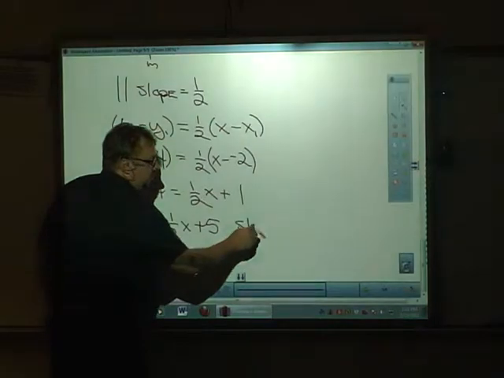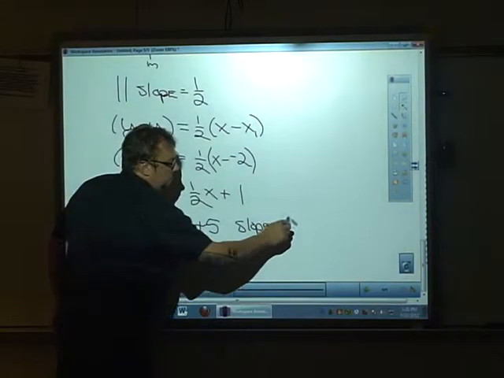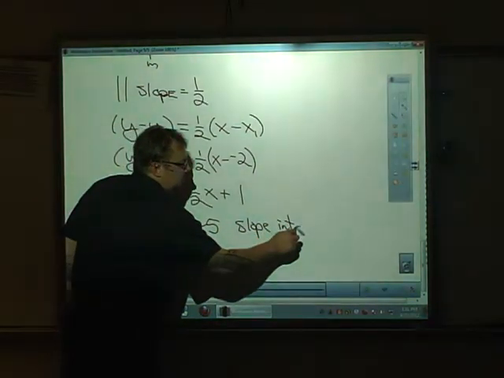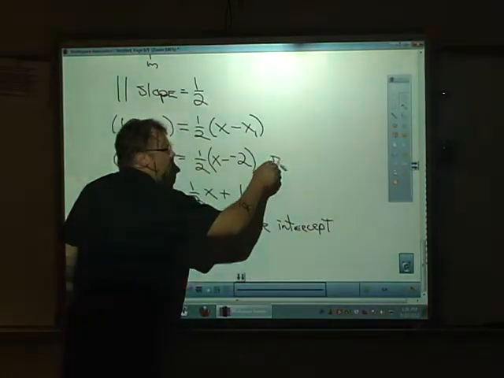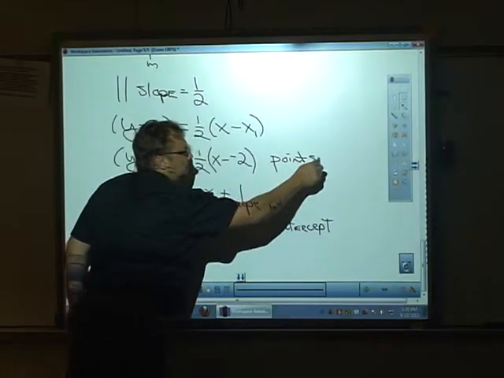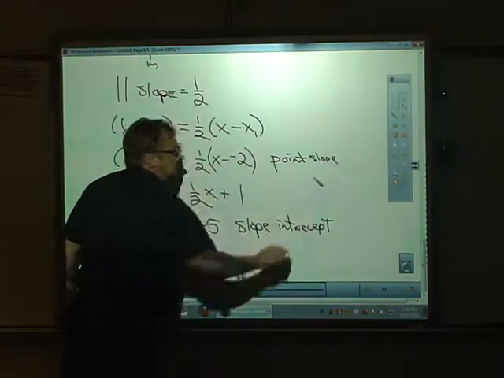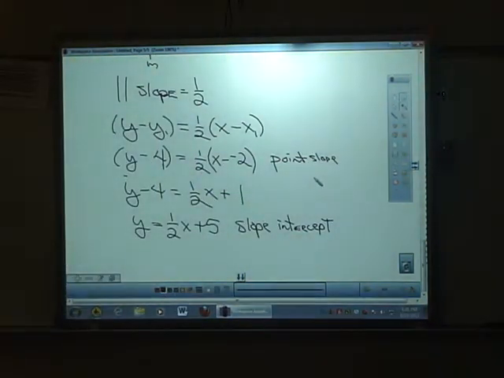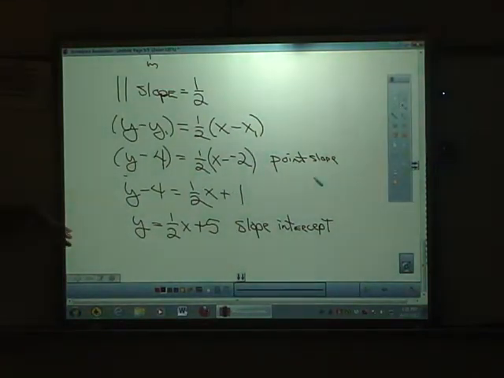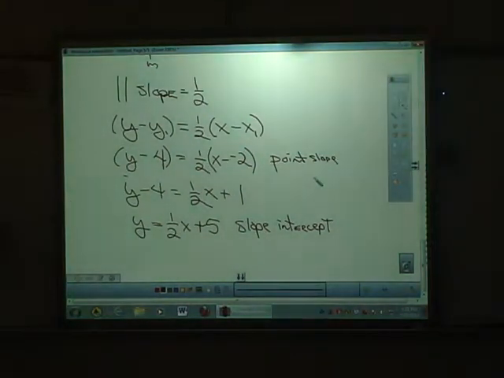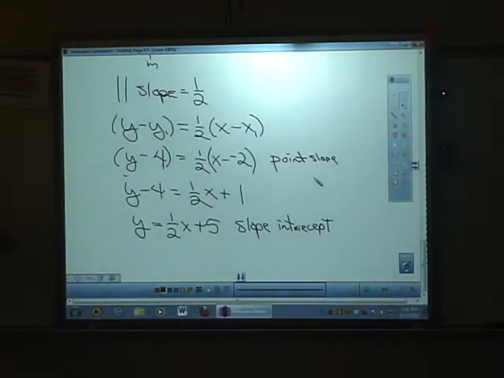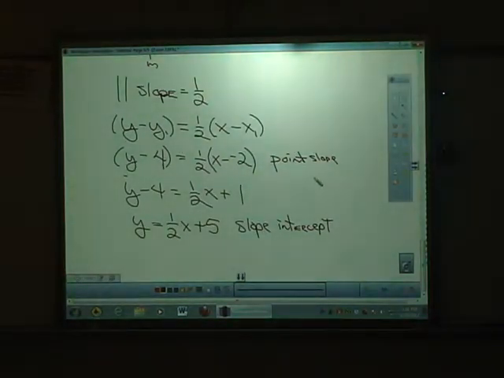This is slope intercept. This is point slope. Make sure that you've got whichever one the book wants. Hey, if you want to have fun, do both. So that's parallel lines.